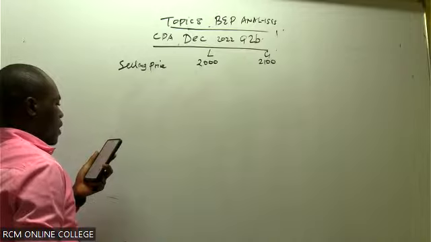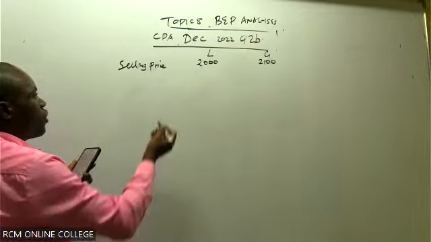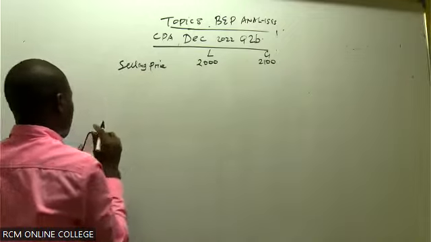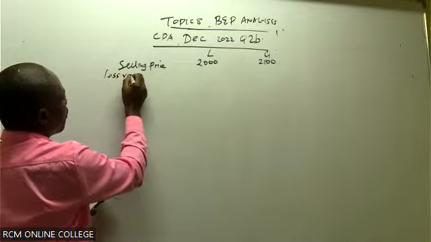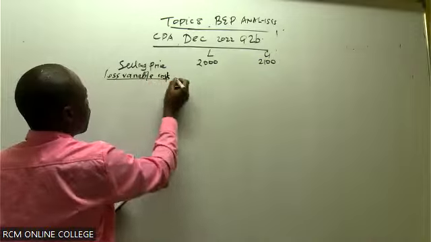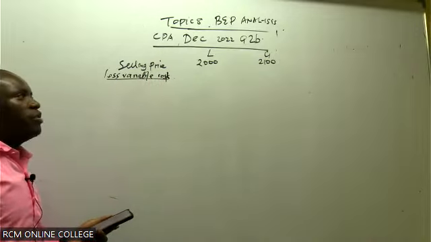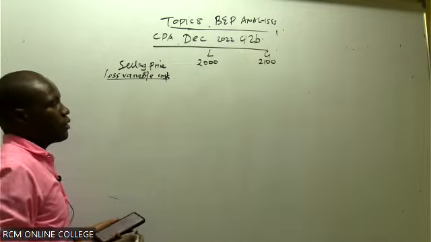Then we are given variable costs per unit. You can decide to put all of them one by one, or you give just a total of variable cost. Remember, I'm giving you a format whereby you'll be able to get everything at once.